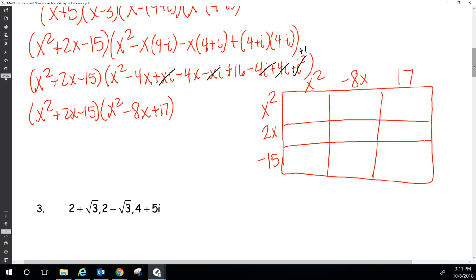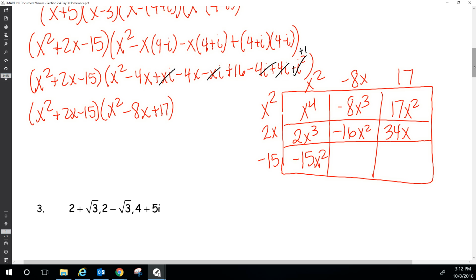X squared times x squared is x to the 4th. X squared times negative 8x is negative 8x cubed. We get 17x squared. 2x times x squared is 2x cubed. 2x times negative 8x is negative 16x squared. 2x times 17 is 34x. And then negative 15 times x squared is negative 15x squared.